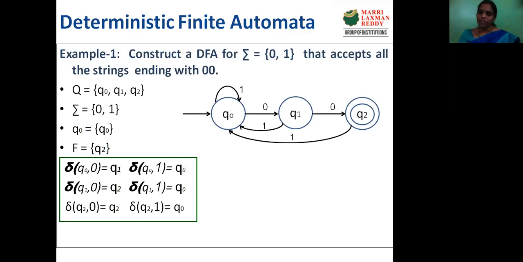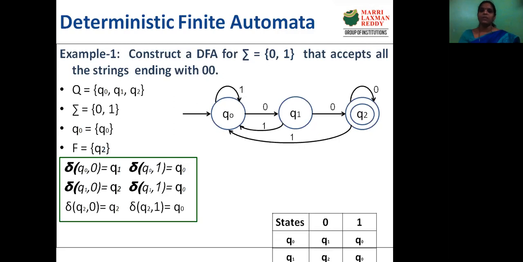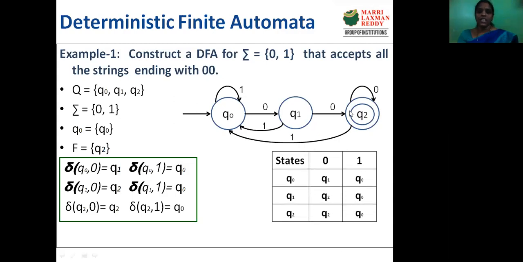Now, defining the transition table. Here for each and every state, the transition table is used to represent your transition functions. So see how the transition functions are defined here. Delta of Q0 on 0 moves to Q1, which we have represented.